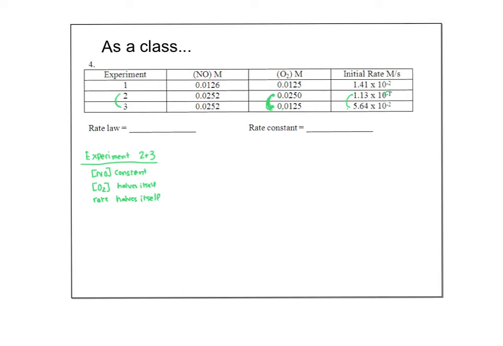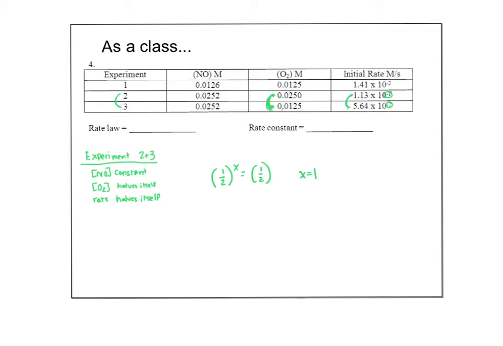Because -1 is bigger than -2. So we got smaller, we cut in half. There we go, that makes more sense. Okay, so let's look. O2 halved itself, and so did the rate. So that means my exponent must be 1. So in terms of O2, my order is 1.